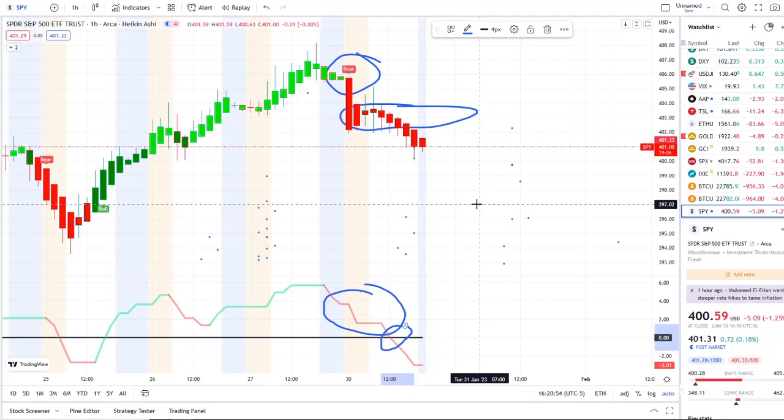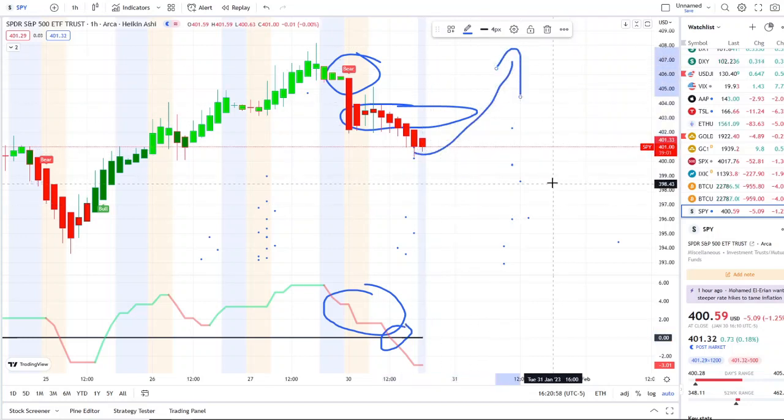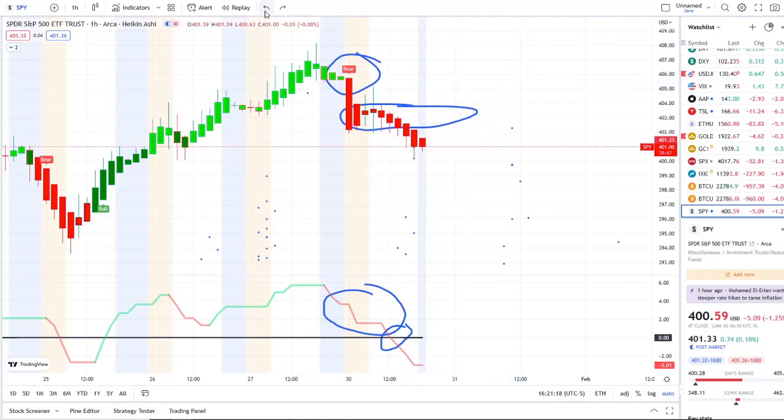And if not, when it fights to stay above it or pulls away from it, the bulls are putting up a fight and they're in control. It's a psychological level. If you read articles from months back all the way to this date, and you hear different experts on news always referring to 400 as a crucial level that a lot of people are watching. So something to not ignore.